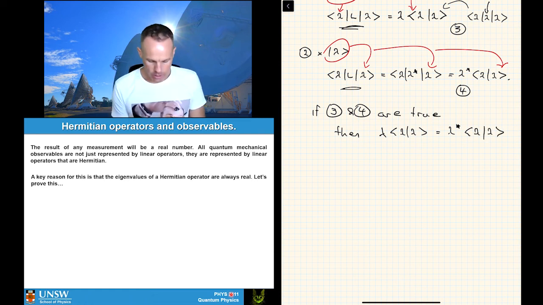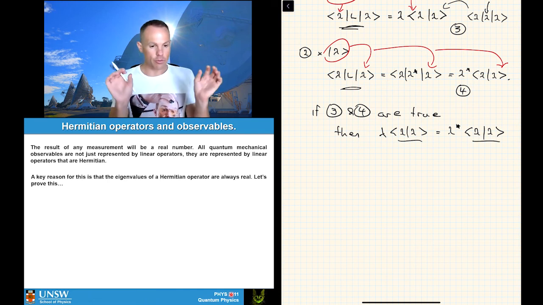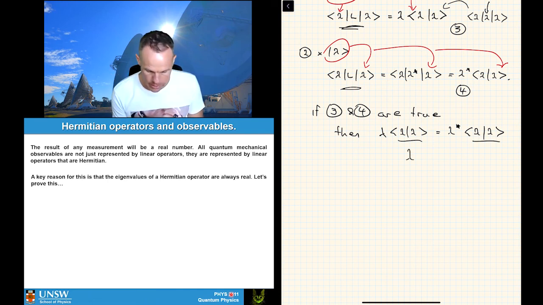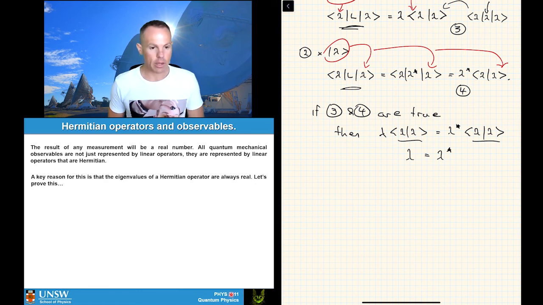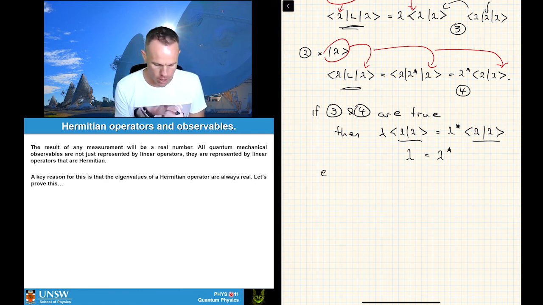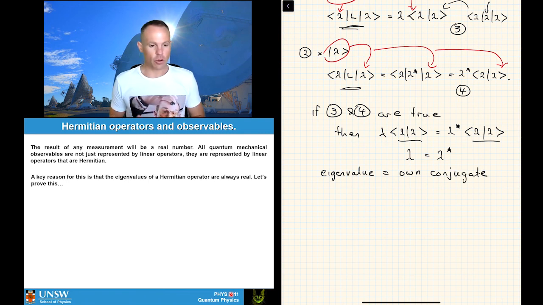And if that's true, this thing is this thing, so I can divide it out on both sides. And what it says is that λ is equal to λ*. In other words, the eigenvalue is equal to its own conjugate. And as you know from your complex numbers, any number that's equal to its own conjugate can only be the case if the imaginary part's 0, which means it's real.